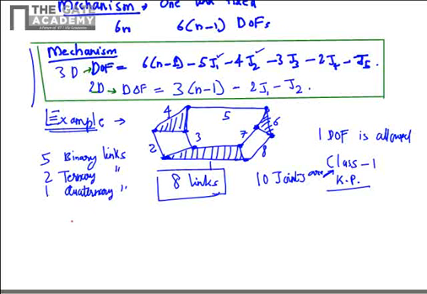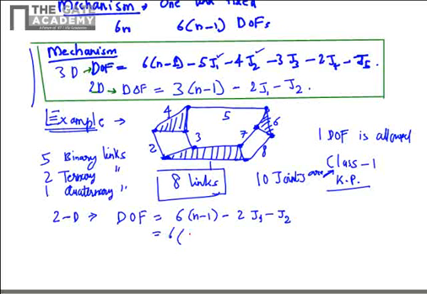Hence, by using Grubler's equation for 2D, to recall, the degree of freedom of the mechanism will be 3 multiplied by (n minus 1) minus 2 multiplied by the number of class 1 kinematic pairs minus 1 multiplied by the number of class 2 kinematic pairs.